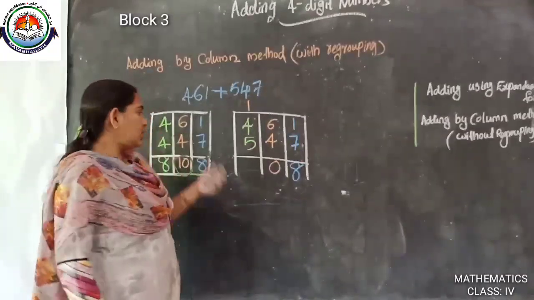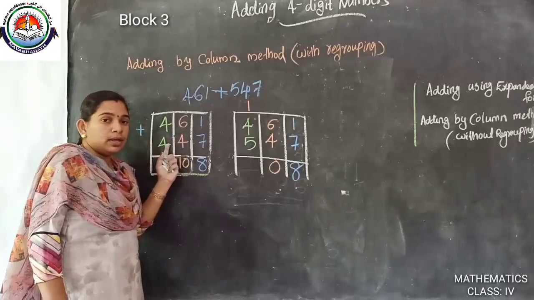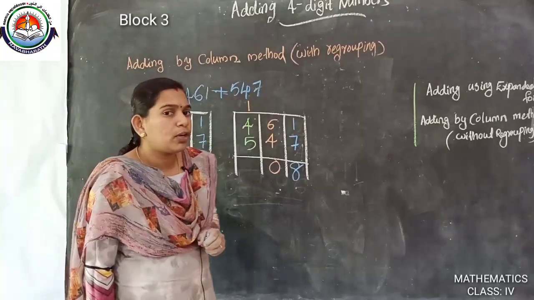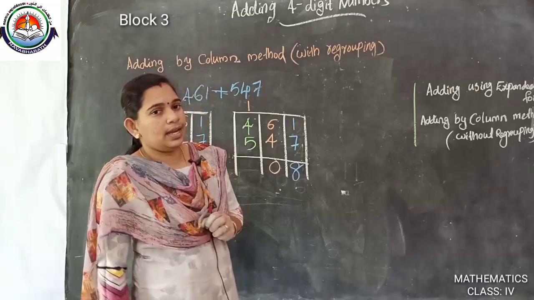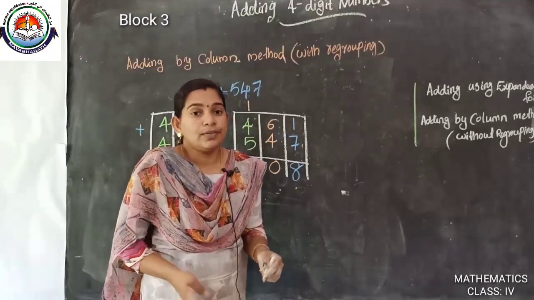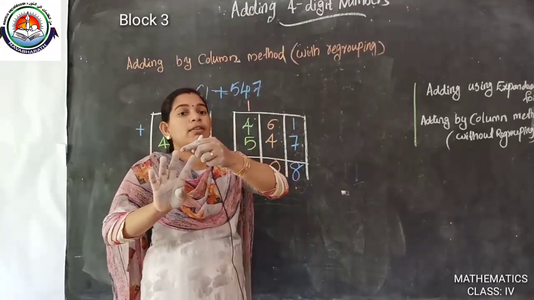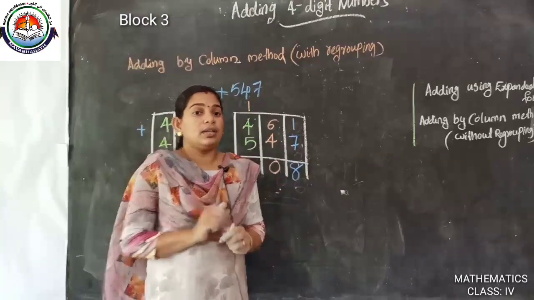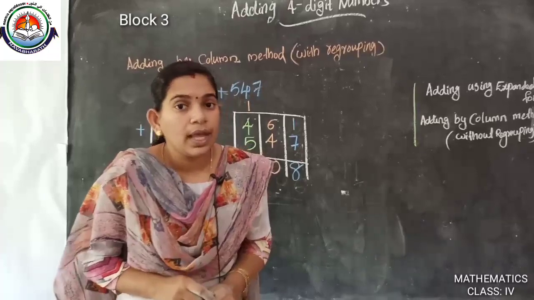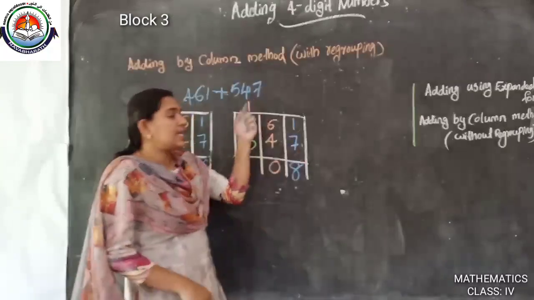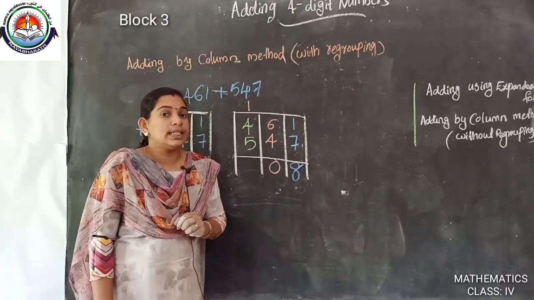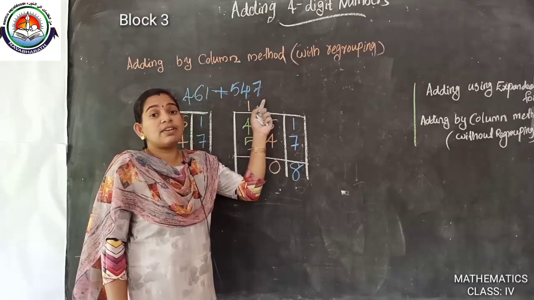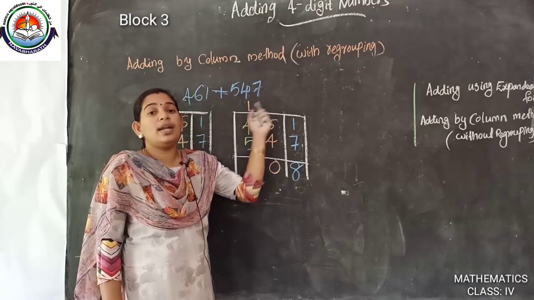Then here she is adding 4 plus 4, but we want to add 4 plus 5. What is the value of 4 plus 5? 9. After 5, we take 4 fingers: 6, 7, 8, 9. What is the value of 4 plus 5? 9. Then 1 carry is there. So 9 plus 1, 10.